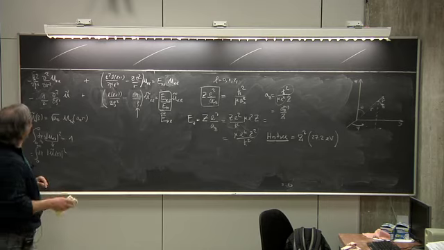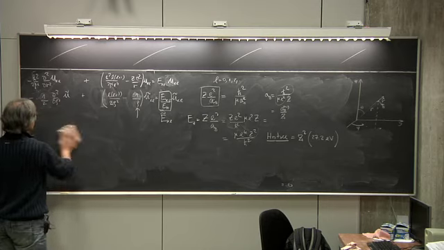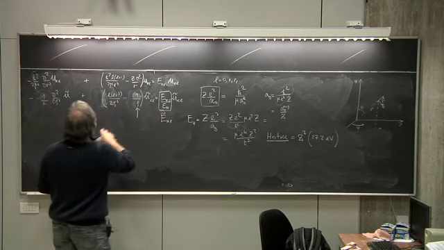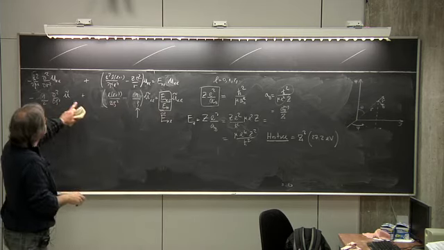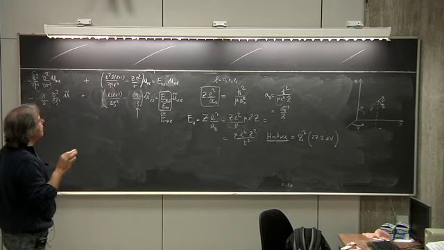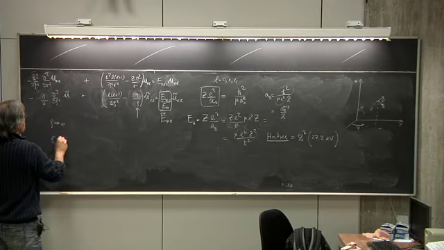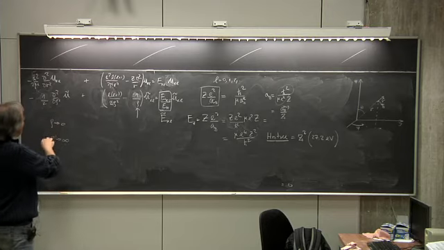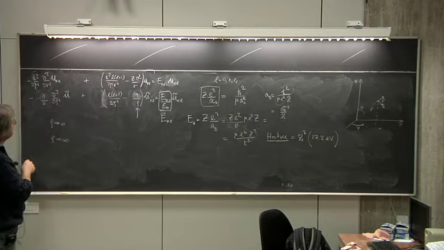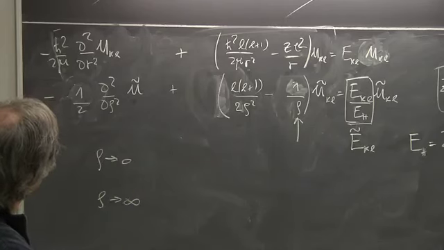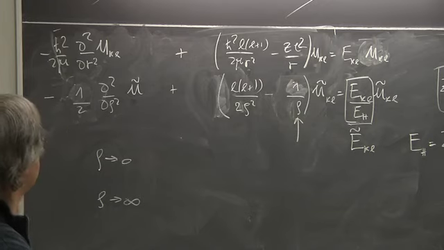So the plan for next lecture is the following. First of all, start to understand what this equation tells you about the limits that you have for rho going to 0 and for rho going to infinity. I might call it again R, okay, but I will probably use still the notation rho to mean that I have gotten rid of all the dimensions, okay?